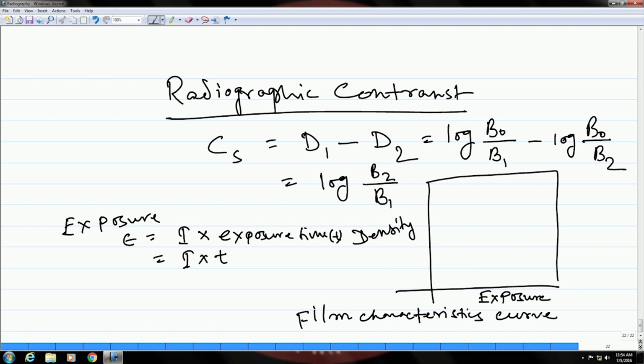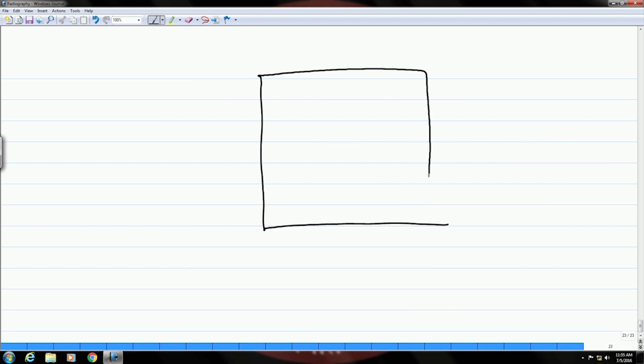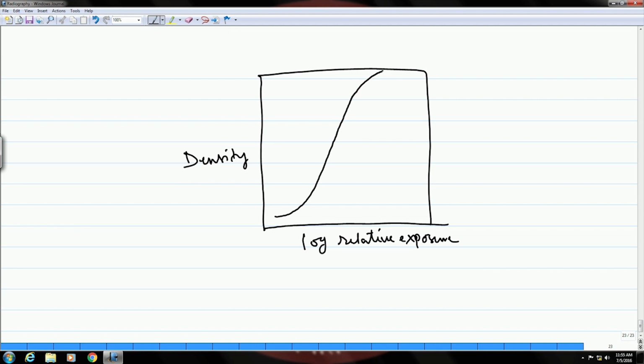And if you now plot this density with the exposure or log of exposure, then you get a curve like this. Okay.